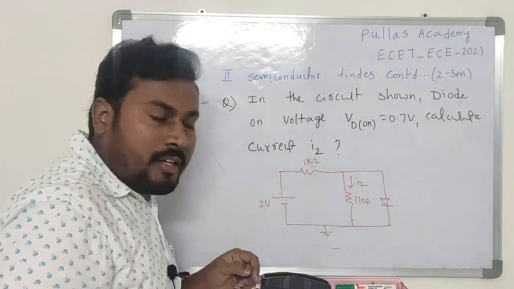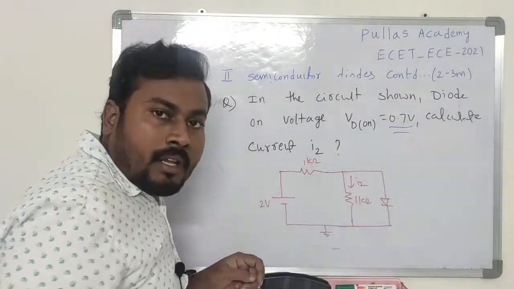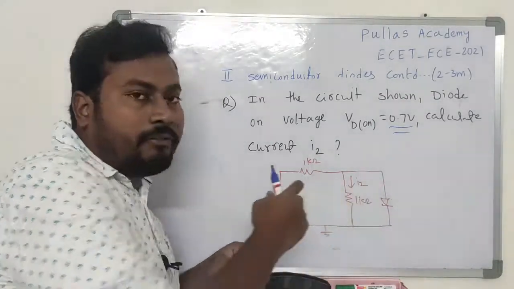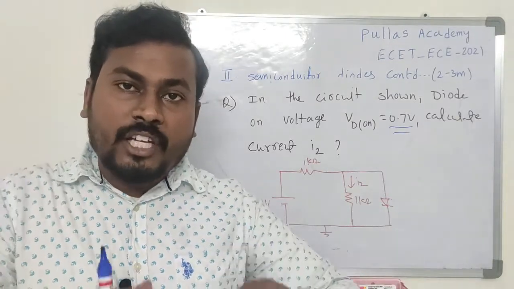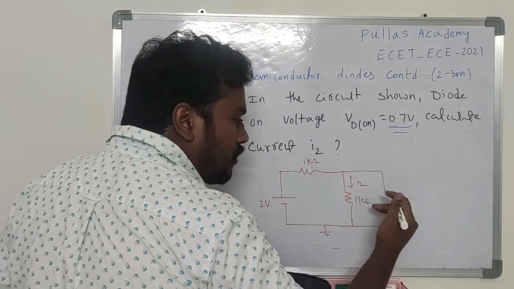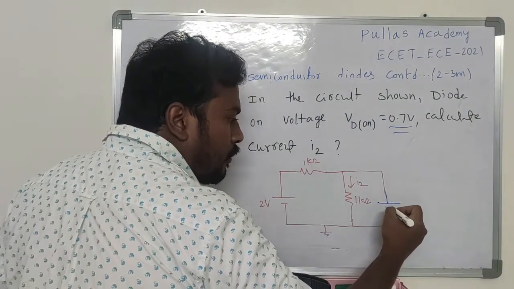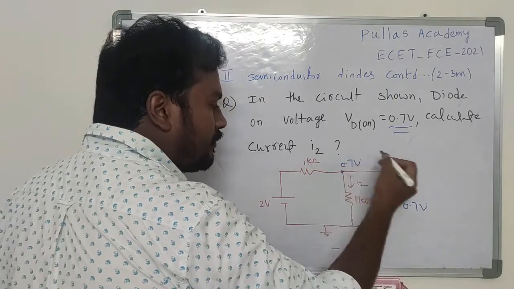So here in this circuit, the diode is a practical diode. So again we have to assume that the diode is forward biased, and we need to replace the diode with what? This time it is not short circuit, it should be replaced by 0.7 volts.